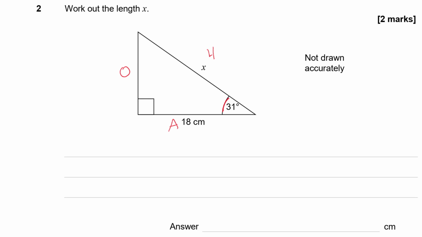I know the adjacent side and I want the hypotenuse, so which ratio do I need to use? Again, I've got my mnemonic SOHCAHTOA to help me. I'm interested in the one that has A and H in it, which is the one in the middle, cosine.